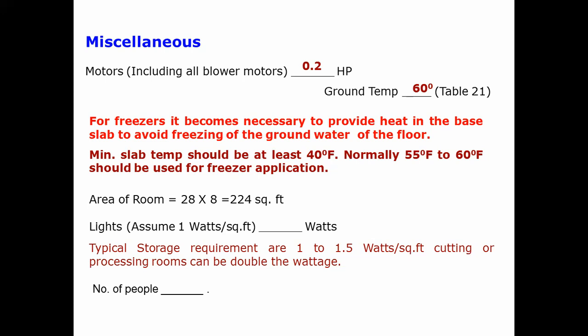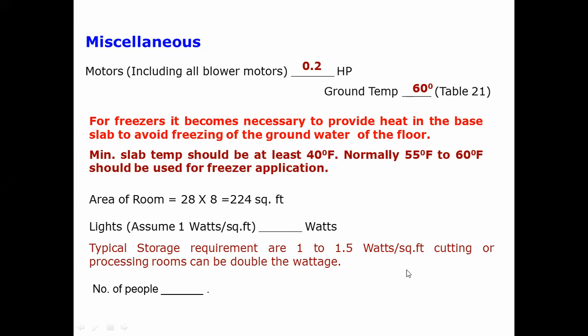So here we are assuming 1 watt per feet square. In our lecture classroom manual, we have already given 1.4 watts per feet square, right? But here we are just assuming 1 watt per feet square for the lighting inside the cold storage. You can see here typical storage requirements are 1 to 1.5 watts per feet square. Cutting or processing rooms can be double the wattage.